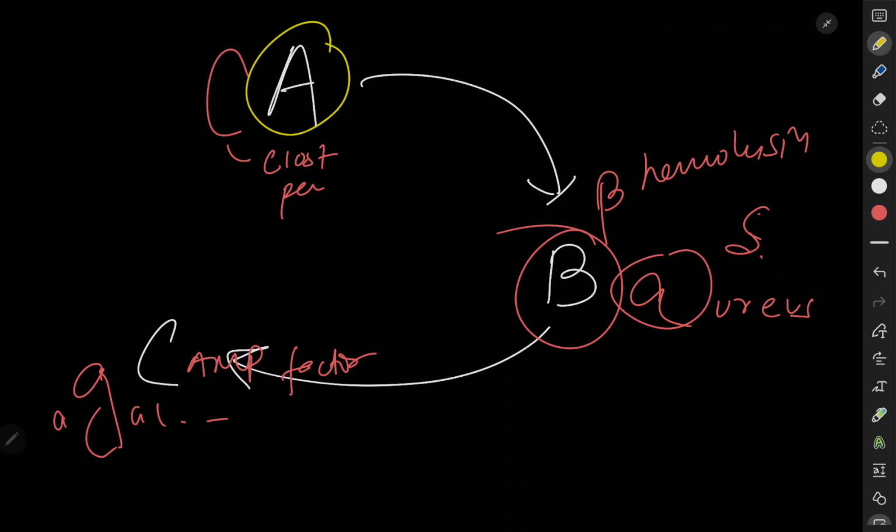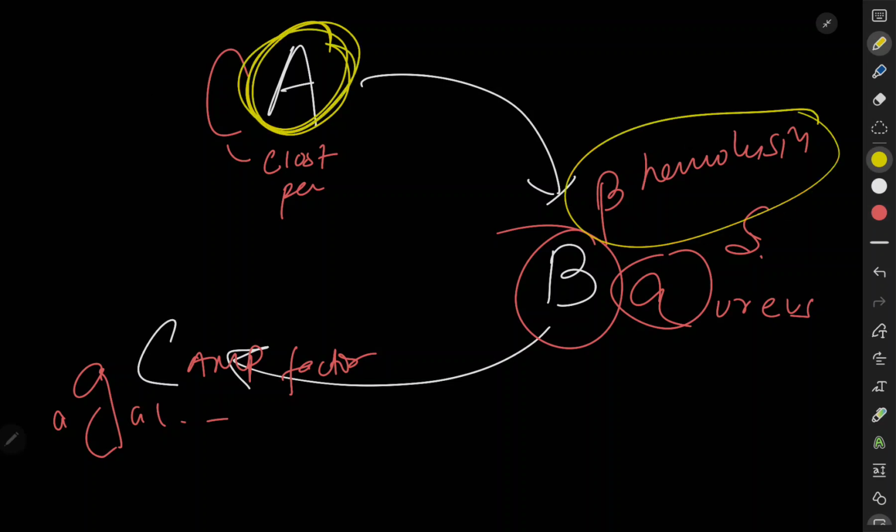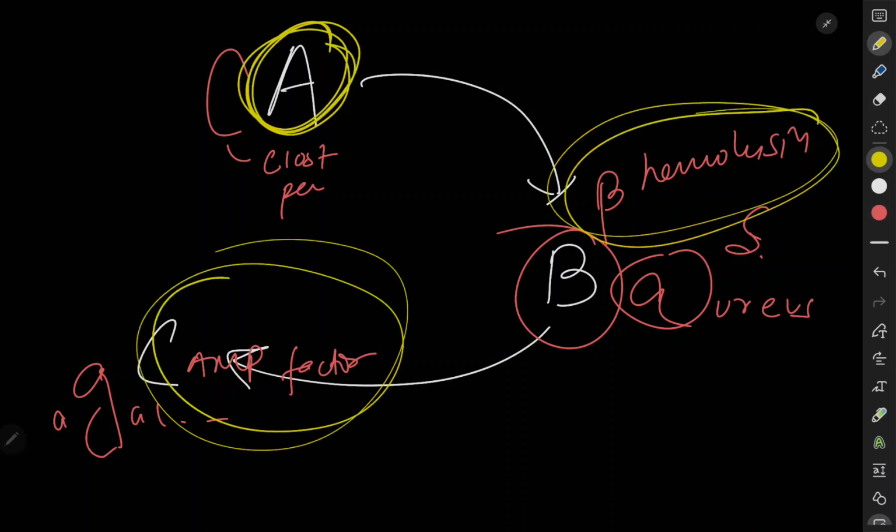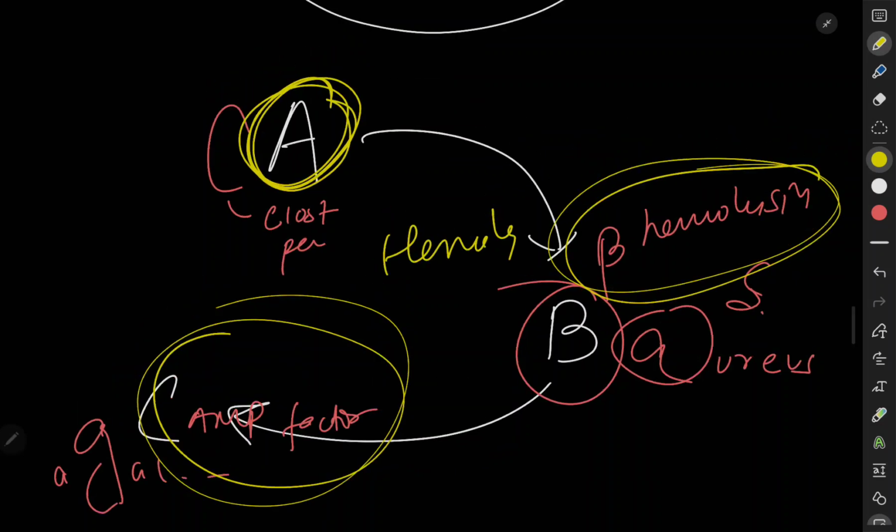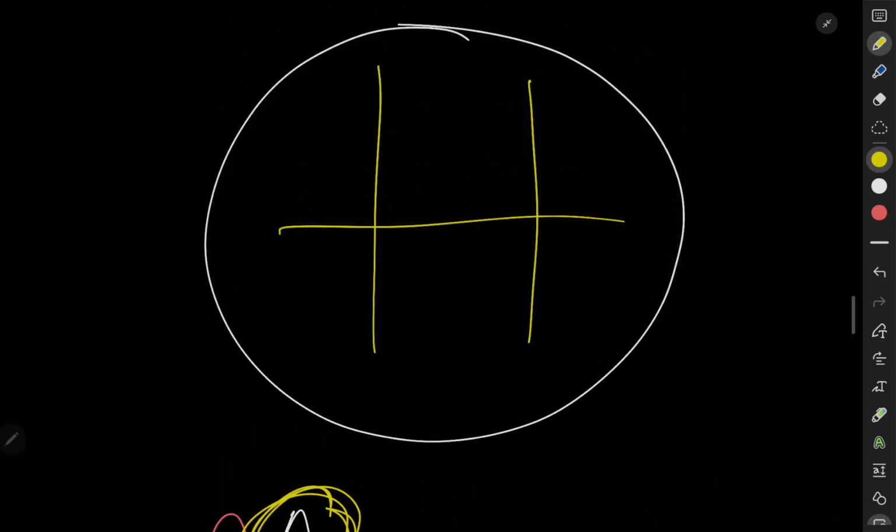What is in common with alpha toxin, beta hemolysin and CAMP factor? All of them cause hemolysis. So what do we do? We take a blood agar. Blood agar has RBC. If I inoculate any of these bacteria, they're going to lyse the RBC. We are going to see that area as a white patch on a background of red.